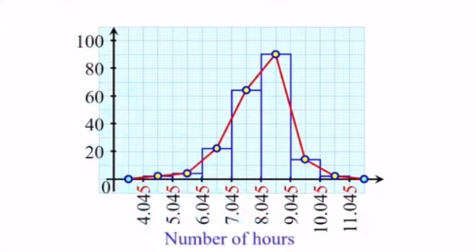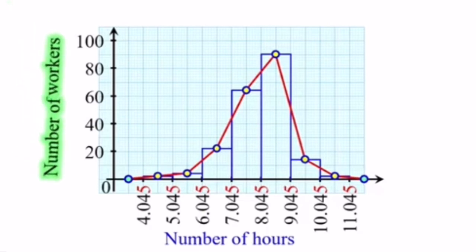Okay, and the vertical axis is number of workers, right? So we need to label clearly the unit, especially the unit of the graph for the vertical axis and for the horizontal axis. If hours, you have to state the hours, all right? If it is number of workers, you have to state number of workers. Okay, so let's label number of workers.